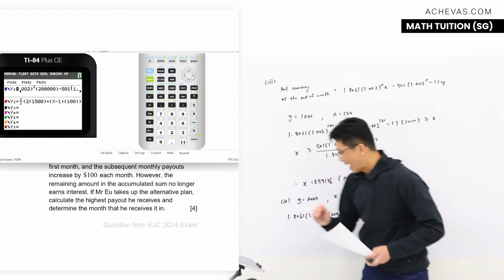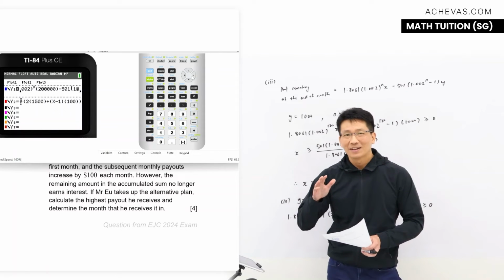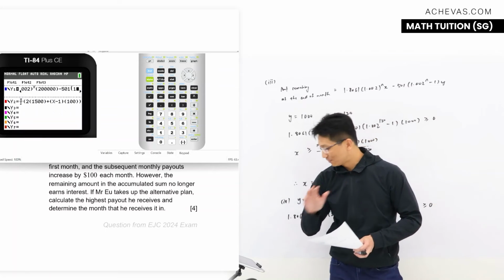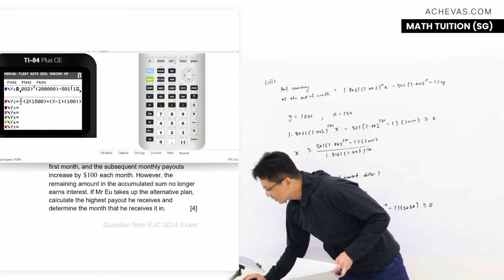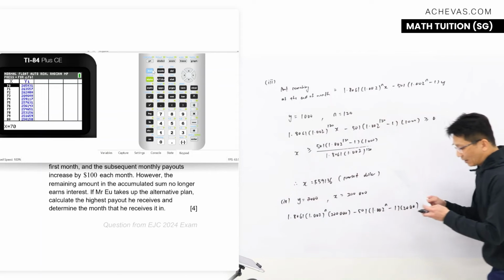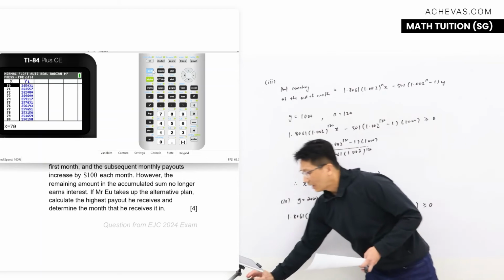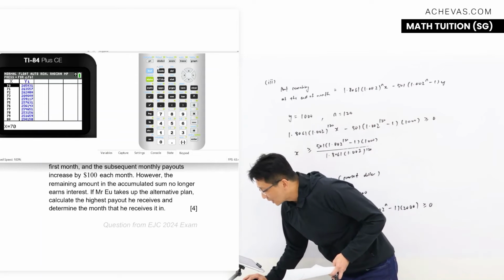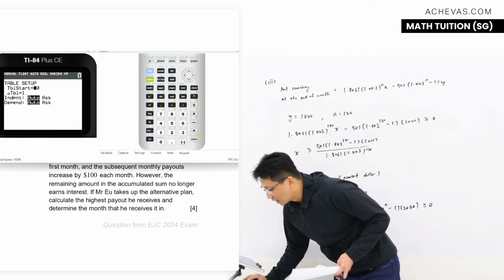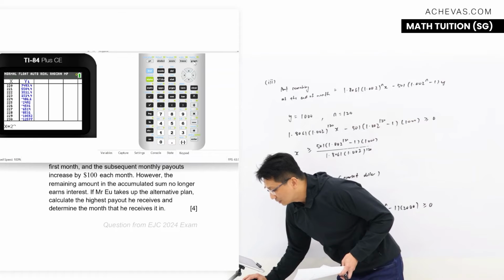Since the unknown I'm trying to find is an integer, it will be slightly easier to use the table instead of a graph. I can go to second graph here. I have to make sure the value is close to 0. I can go to second window to trigger the table set. Maybe I can just try around 220, then second table.